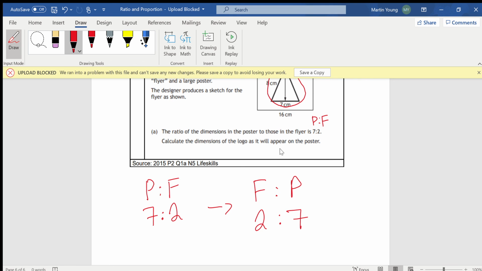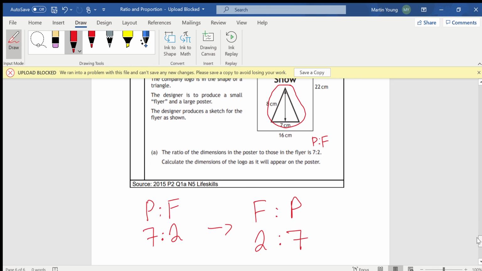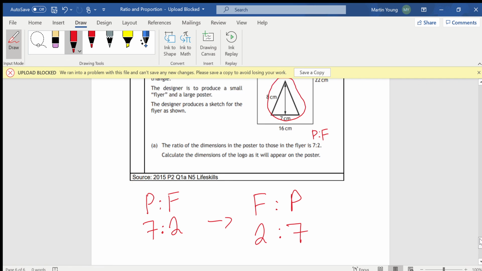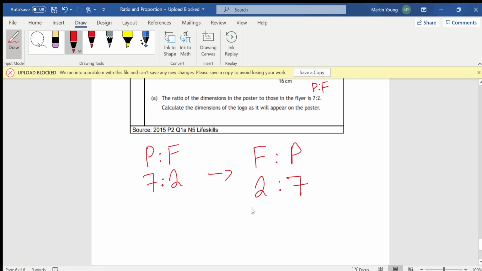Okay, so let's take one of the lengths here. Let's deal with the 8 centimeters first. So 8 centimeters is the length on the flyer. What have I done to this 2, to go up to 8?